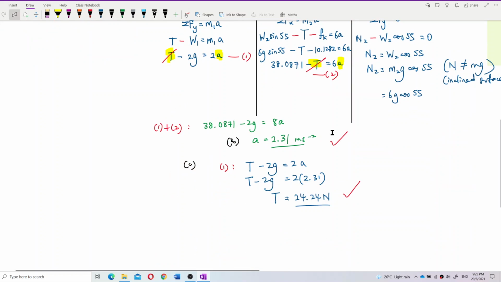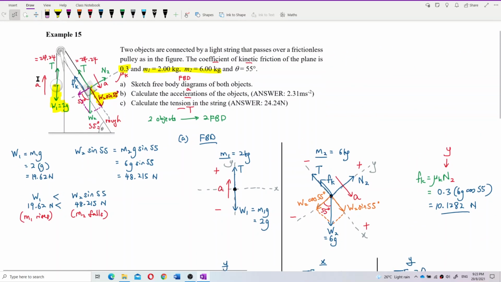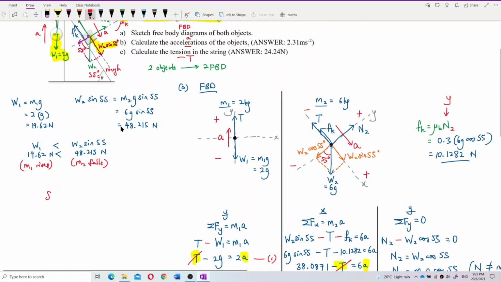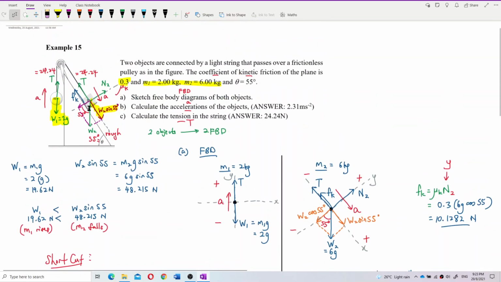So that's it for finding the acceleration and tension. There's actually a shortcut to find the acceleration. If you just want to find the acceleration, that's a very easy shortcut. You just put total Fx equal to m total a. But now you have friction, so a little bit difficult.